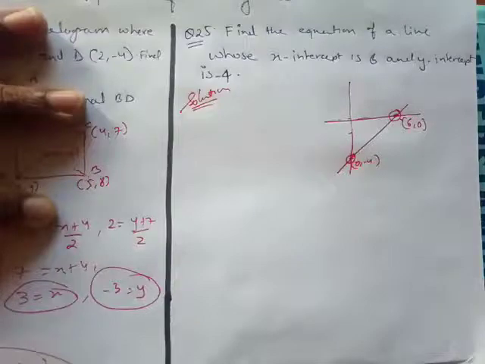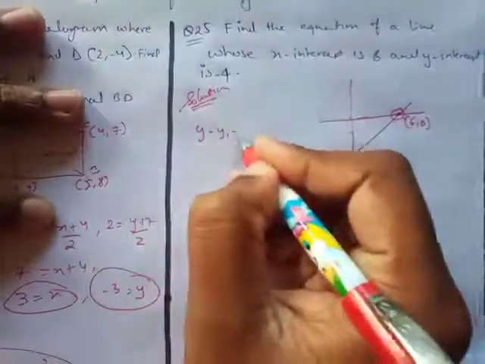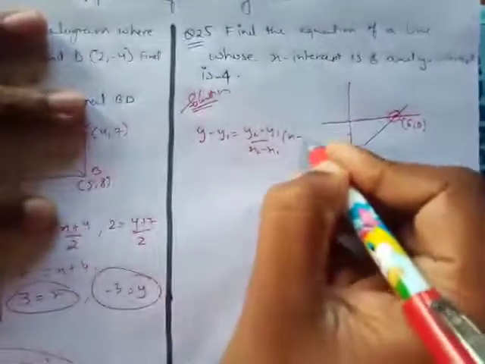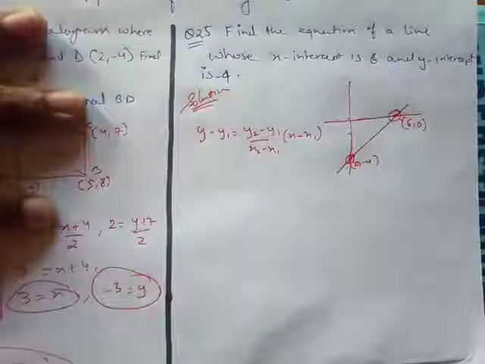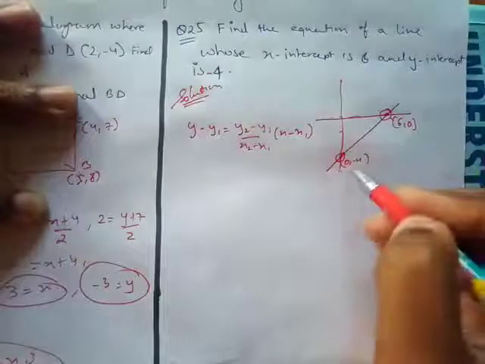Okay, let's start doing this. What to do in this? We'll simply put the formula y minus y1 equals to y2 minus y1 upon x2 minus x1 multiplied by x minus x1. Now I need to figure out what is x1. This is x1 y1, x2 y2.